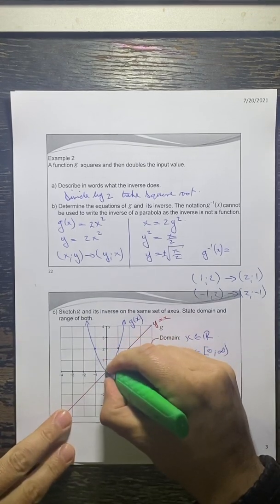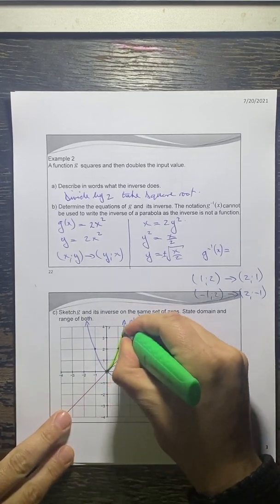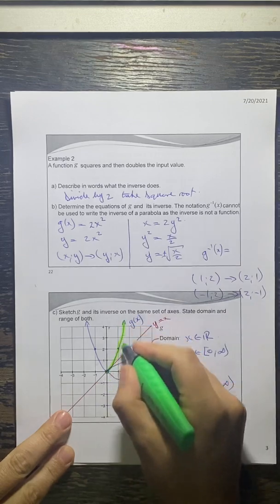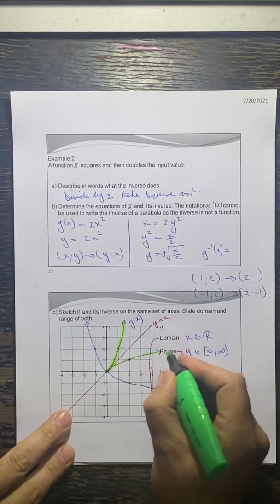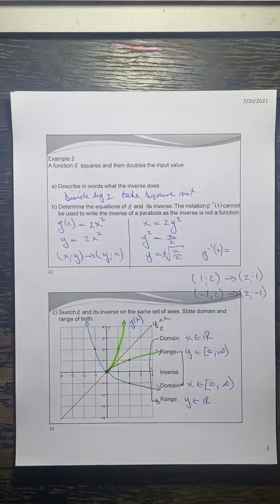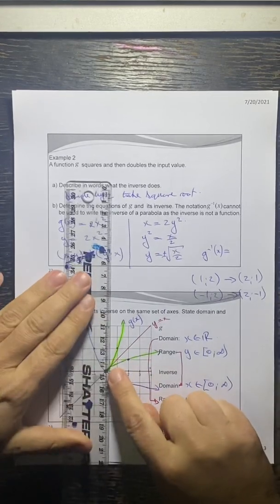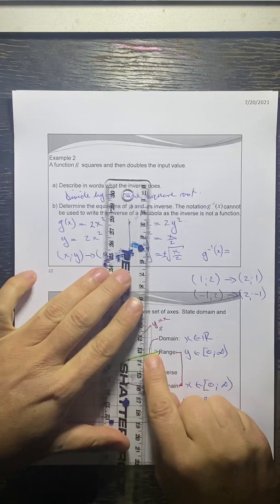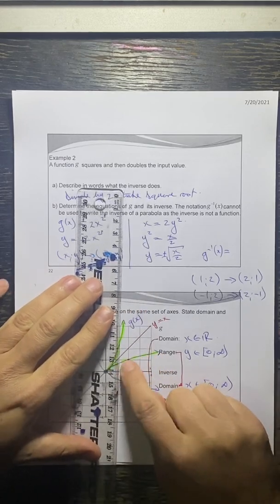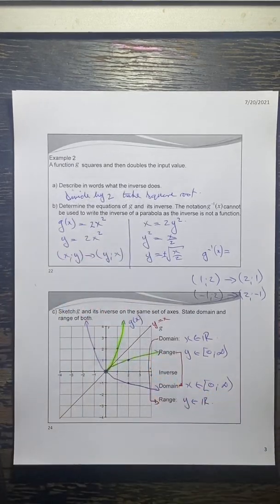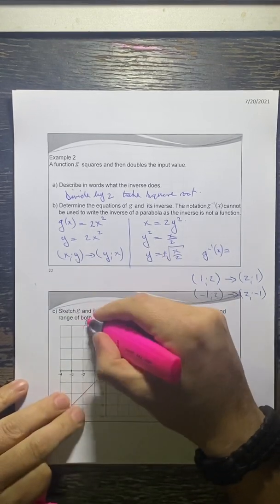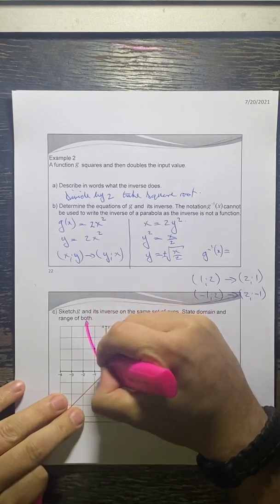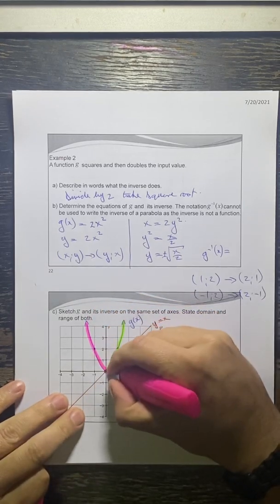If I restrict it just from 0 onwards, you can see that this arm will be mapped to this arm. Only that arm, and I'm only plotting that green bit. Now you can see that this arm here is a function because it's cutting the graph only once. Then, if I restrict this part from less than 0, so just this arm over here, this arm will be mapped to this bit here.